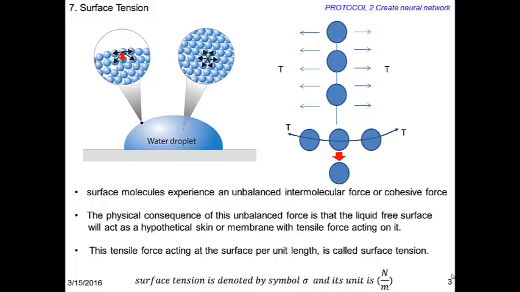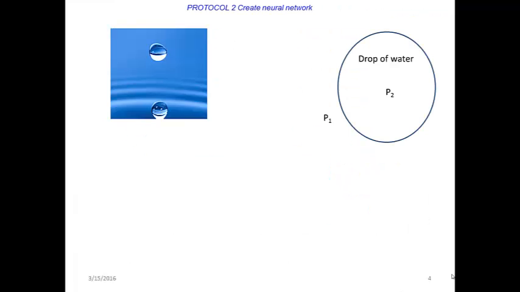Consider a water drop. The pressure inside the drop is higher than the surrounding air. Let P1 be the pressure in the surrounding and P2 be the pressure inside the drop. Let the difference be delta P. To understand the relation between delta P and the surface tension of the fluid, consider a half section of the drop.